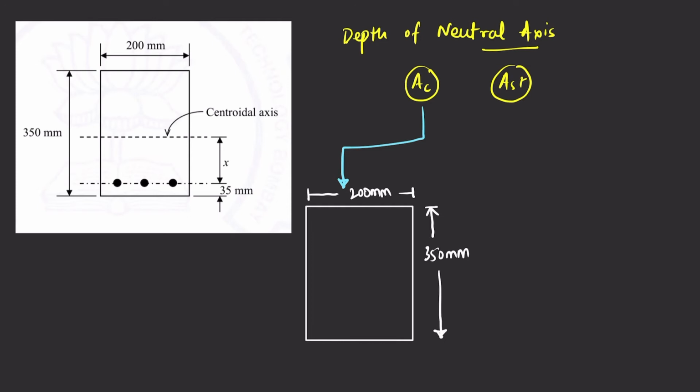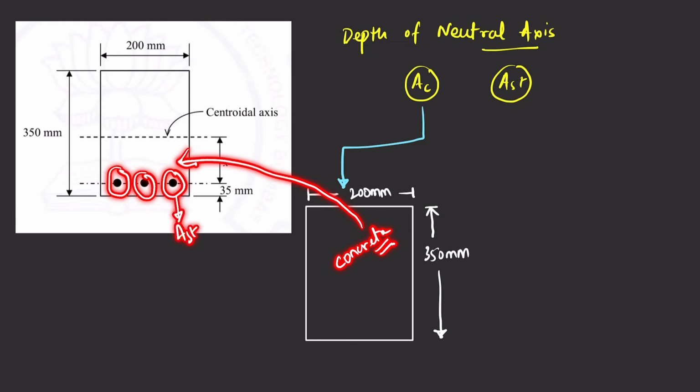Note, this whole cross section is concrete, but in the given figure, at this area we don't have concrete. We have steel there, so we need to remove the concrete from there. How much area is it? It is equivalent to the cross-sectional area of the steel.